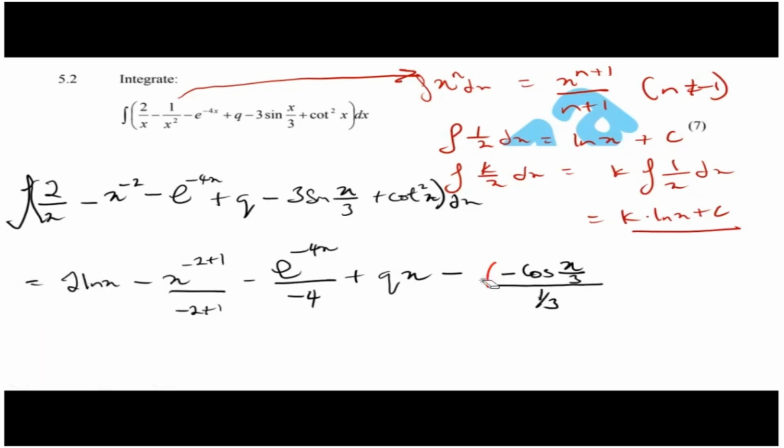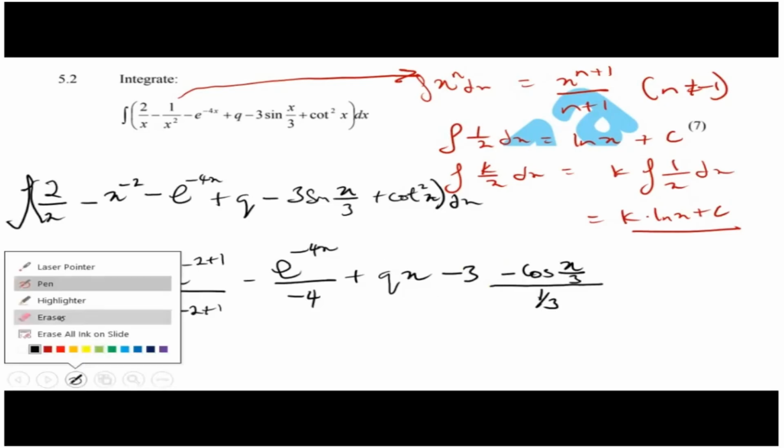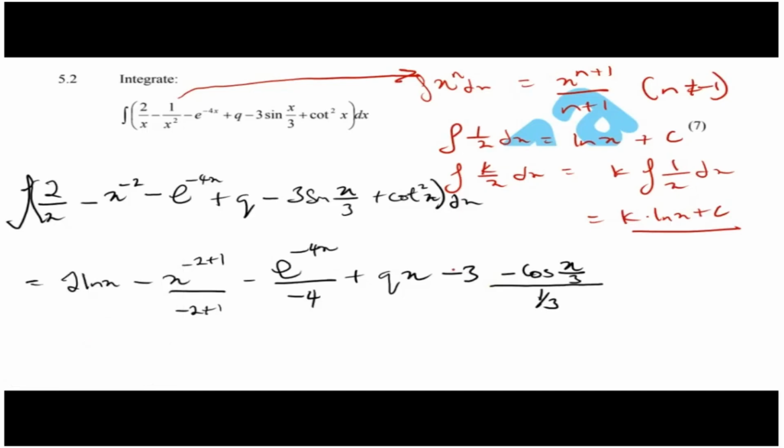Because remember, I said the integral of sine is negative cos. Therefore, the integral of sine x over 3, the constant is 1 over 3. So that's why the coefficient is 1 over 3, so that's why it divides here. All right, cool. That's for that one.